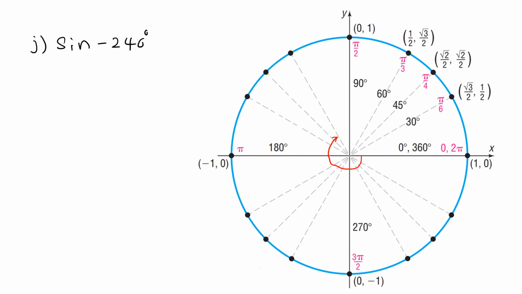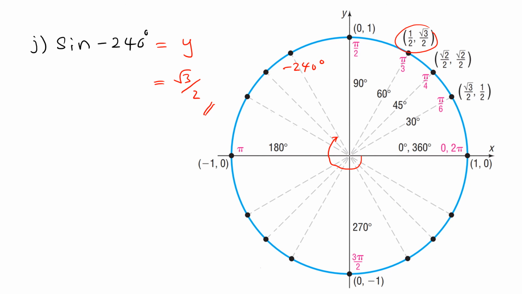So this is negative 240, and we are looking for the sine, which is the y coordinate. This corresponds to this point, and the y coordinate does not change. That means the answer is simply square root 3 over 2. So that's how you can find those values.